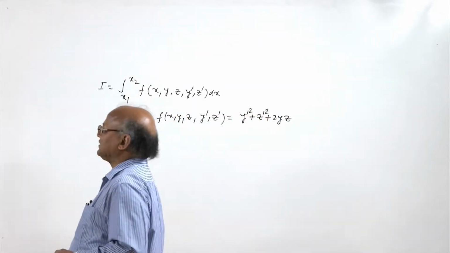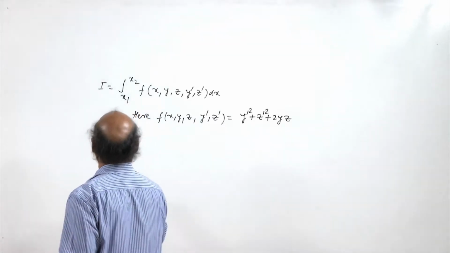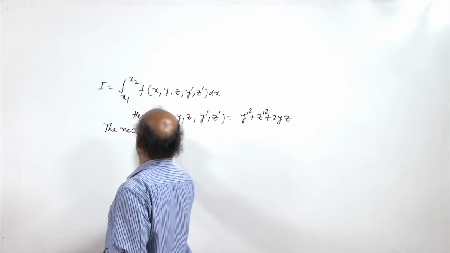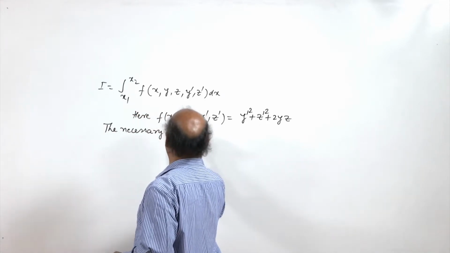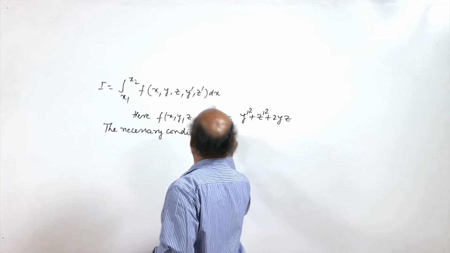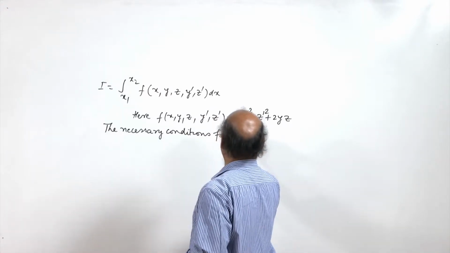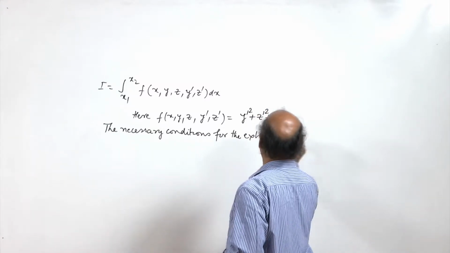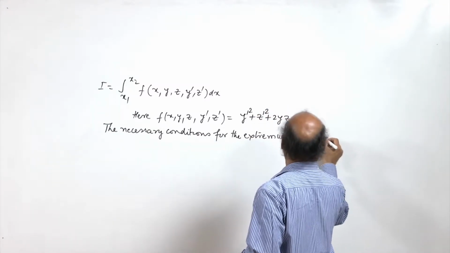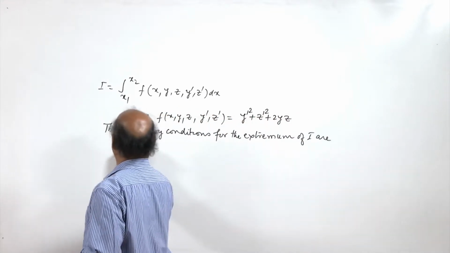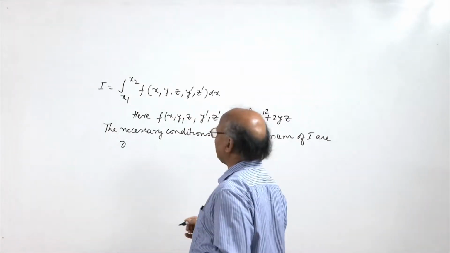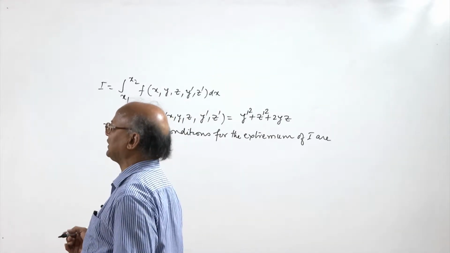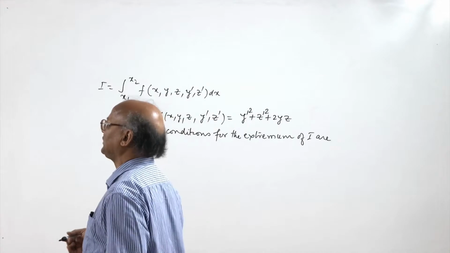Now the necessary conditions for the extremum of I are, so here in the article we have taken y1 and y2 as the two dependent variables that depend on a single variable x. Here instead of y1, y2 we have y and z.